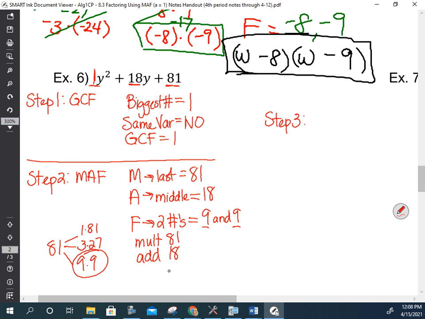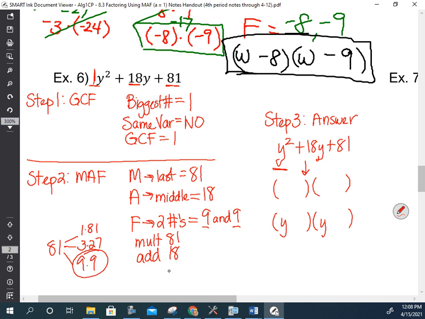All right, step 3, time to write the answer. So here's our problem. We open up 2 parentheses. The y's go in, one in each parentheses. The 9's go in the parentheses.